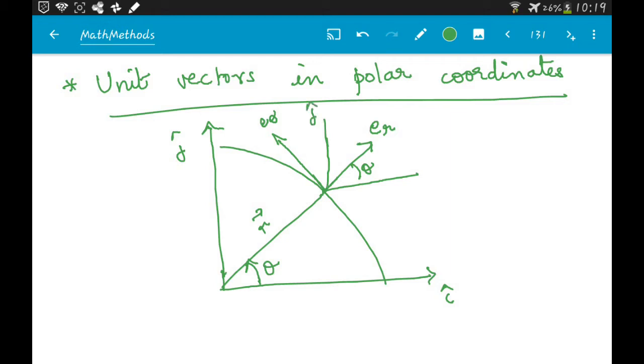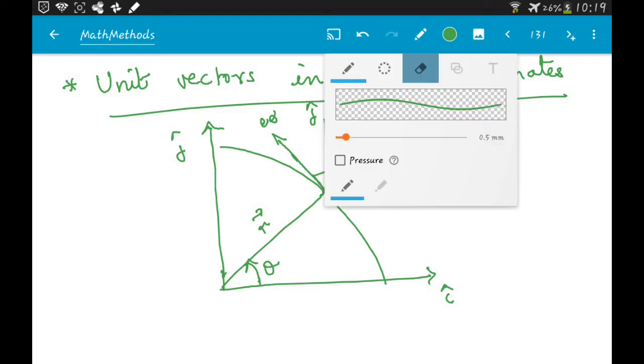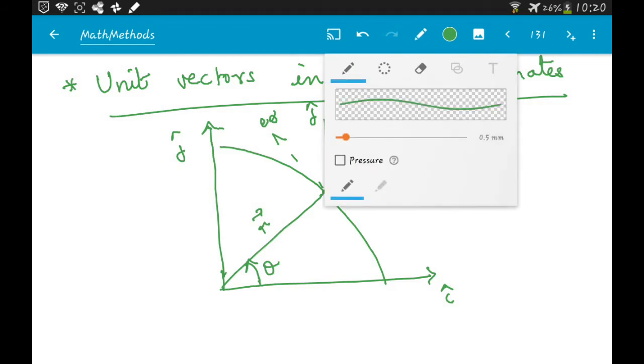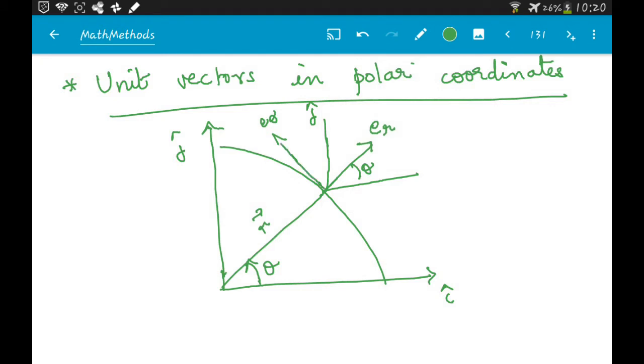So this total angle is going to be 90 degrees, because ER and E theta have to be perpendicular to each other. They are the vectors of the polar coordinates, so they have to be perpendicular.